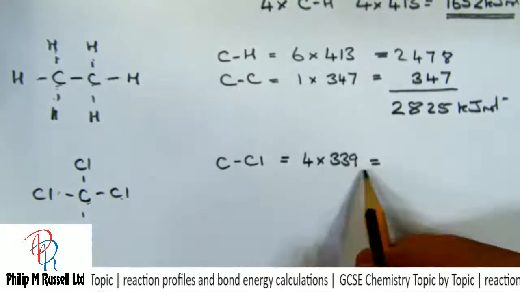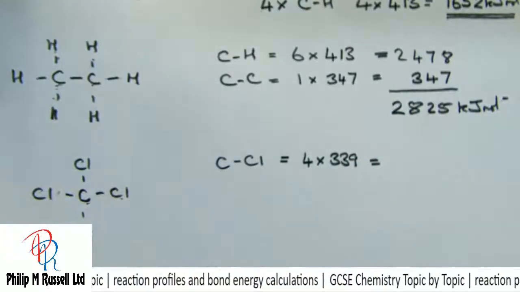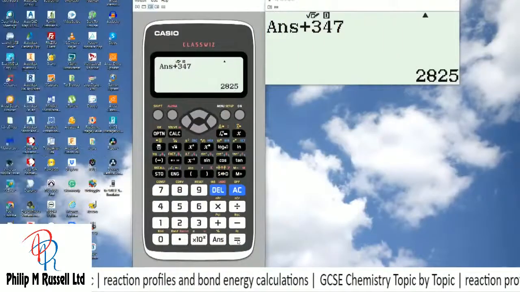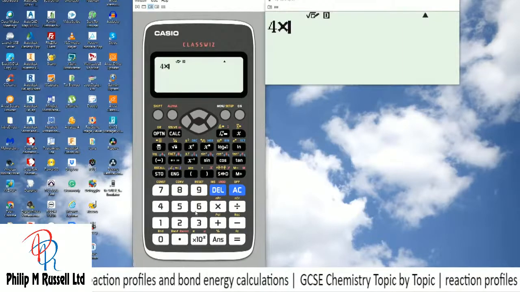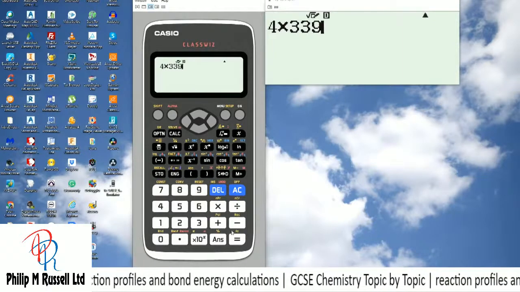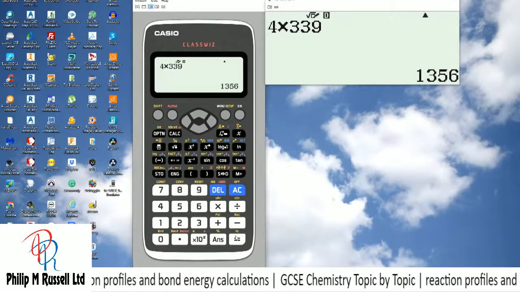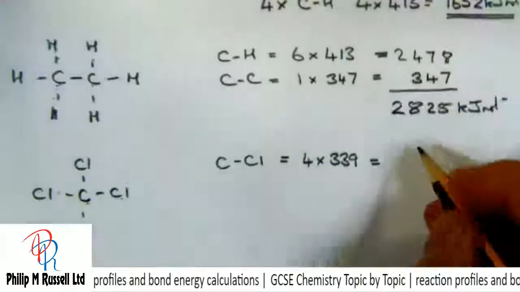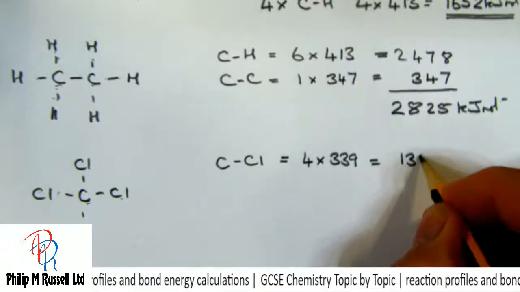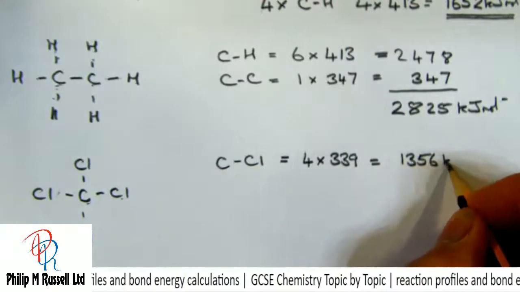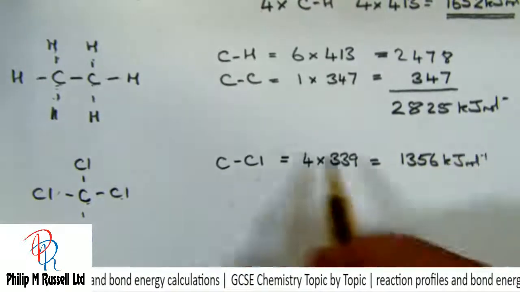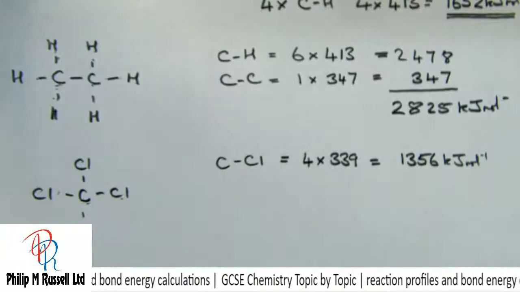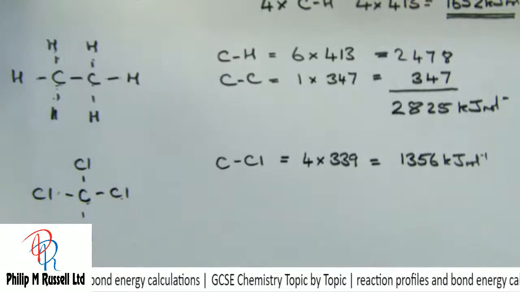So we can work out how much energy is available here. So it's simply going to be 4 times 339, which gives me 1356. So this is the amount of energy in this particular molecule.